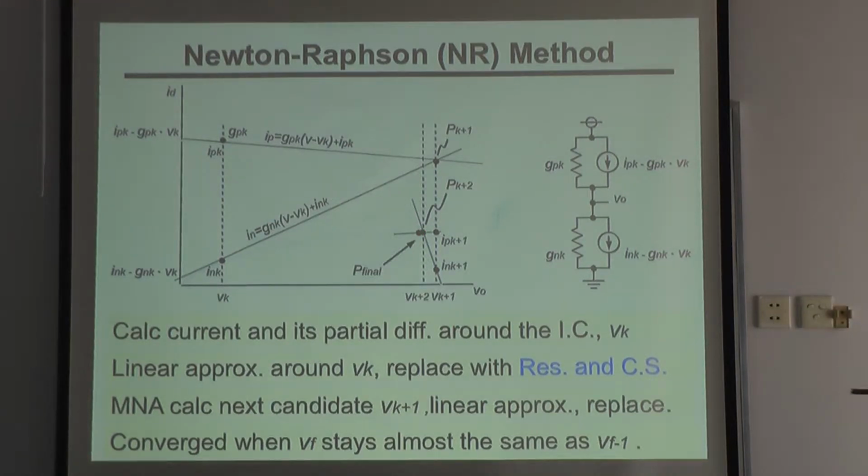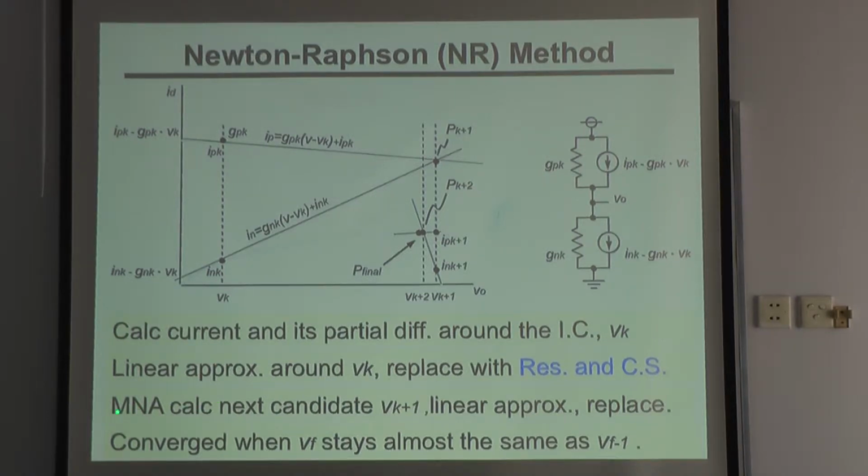So in summary, first we calculate current and its partial difference around the initial conditions, in this case Vk. After these initial conditions, we approximate with linear analysis around this bias voltage and replace this curve with a resistance and current source like this.